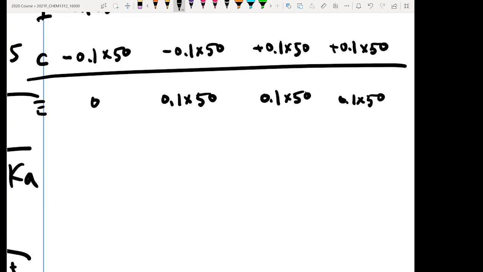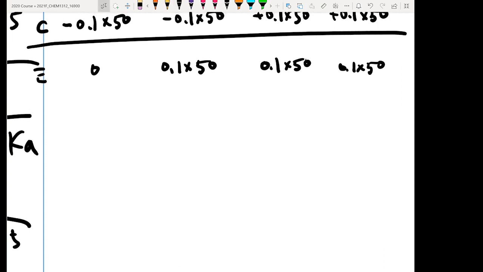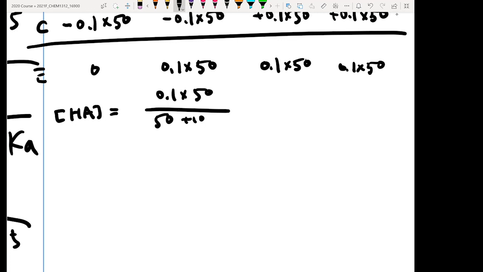All right, then we want to calculate the pH of these things. From here, you should see that your HA has 0.1 times 50 moles, and your A minus also has 0.1 times 50. So we know this is a buffer solution. The HA concentration is the number of moles, 0.1 times 50, over the total volume, 50 plus 100.